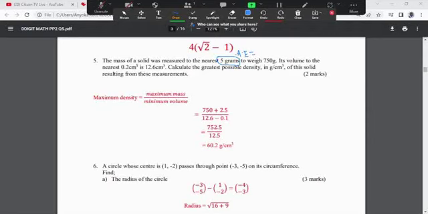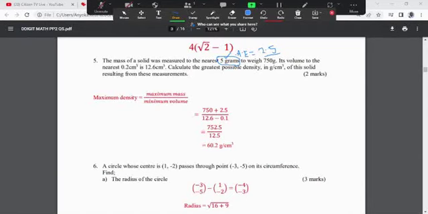It is the average, a half of the level of accuracy. So absolute error will be 2.5, because absolute error will be equal to the level of accuracy of the measurements divided by 2.